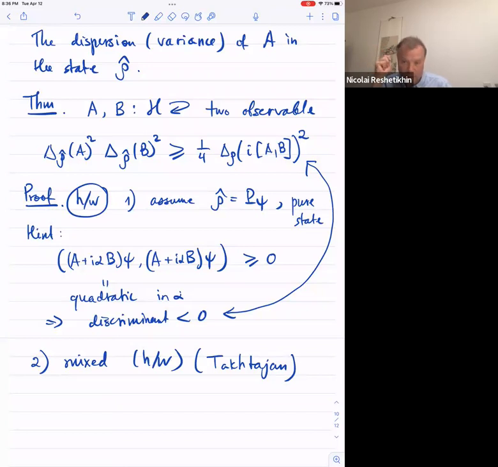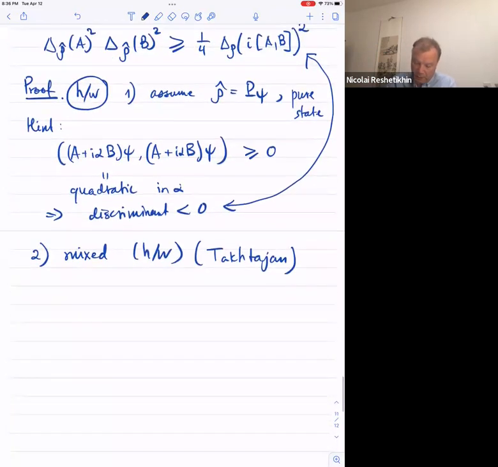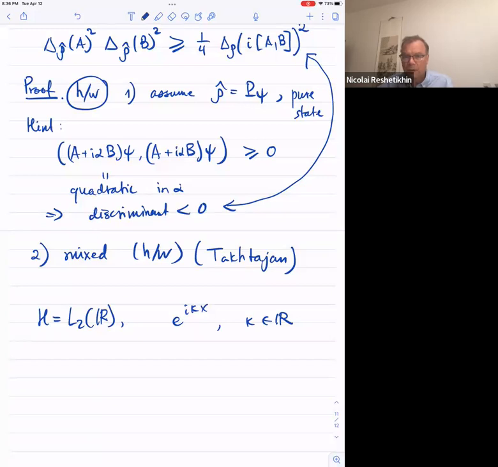It's always a vector in the Hilbert space with norm 1. Like a plane wave, for example: if your space is L2 of R and you consider the function e to the ikx, k some real number, a character of the translation group, this doesn't belong here.